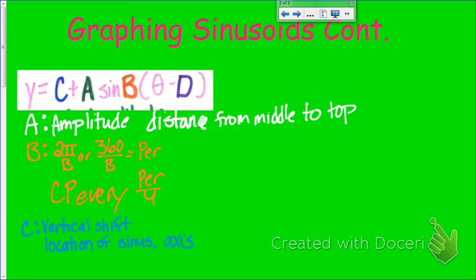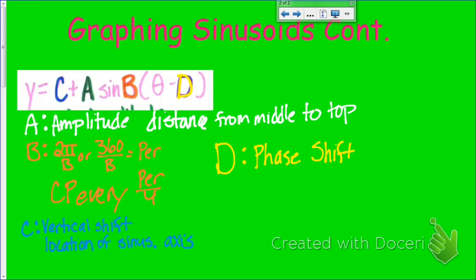So then the last new one we have to look at is D. If you remember, plus or minus inside the parentheses like that, we learned that that is a phase shift. So D is my phase shift. A phase shift is very similar to a horizontal shift, but what it specifically helps us with is it tells us where to mark that very first point before we draw our graph.